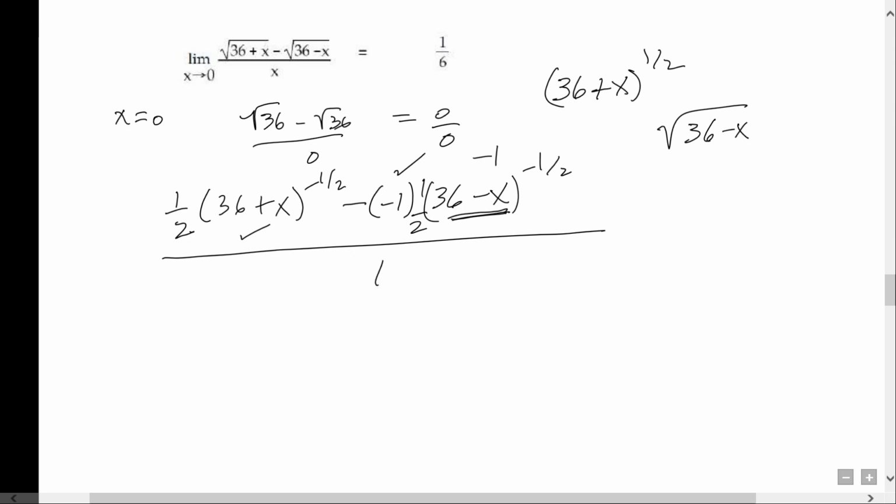So we get 1 over the square root of 36 plus x, and plugging in x equals 0, we get 1 over the square root of 36, equal to 1/6.